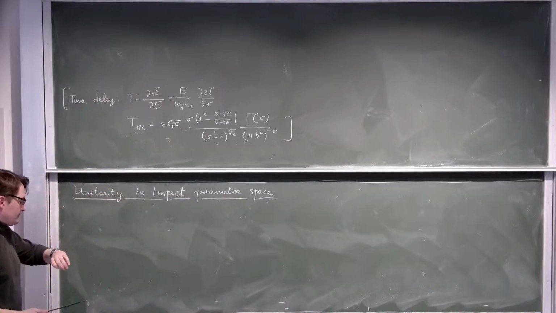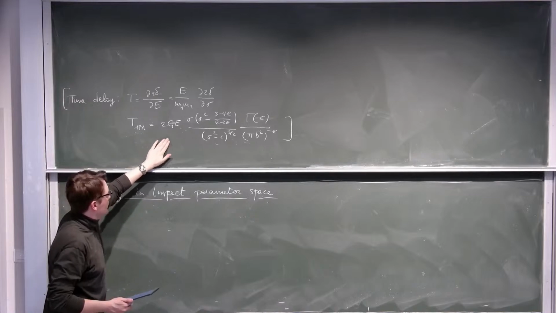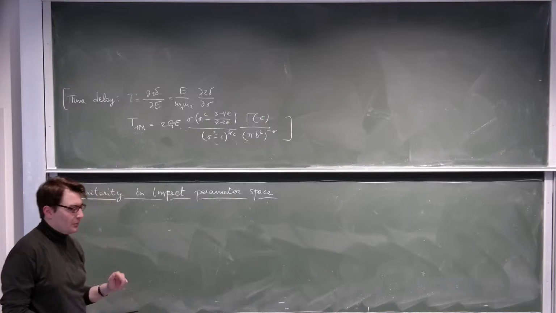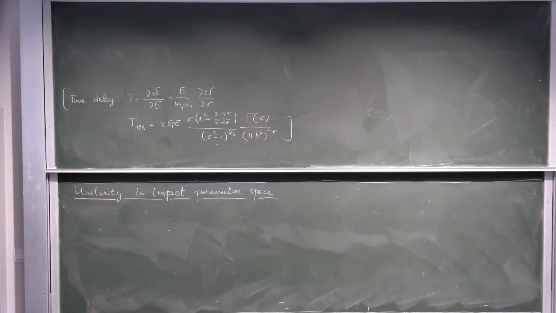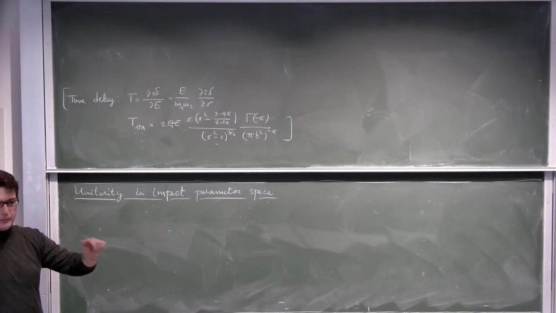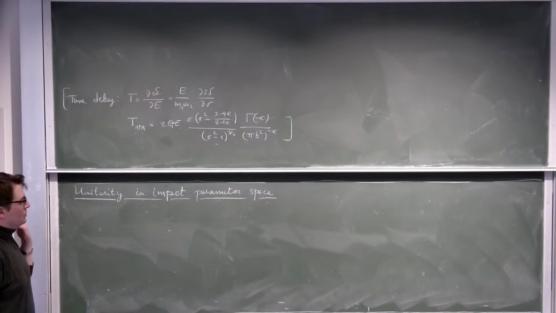Okay, before going to the next part, let me just make a brief parenthesis. So up to now we focused on this deflection angle, which is essentially the most interesting observable that you can extract from the 2-to-2 elastic amplitude. In principle, a stationary phase argument similar to the one that we discussed in order to go from impact parameter to momentum can also be applied to go from energy to time.